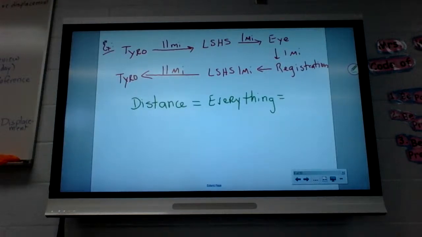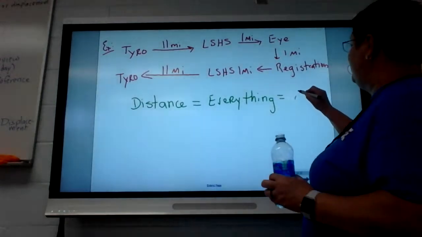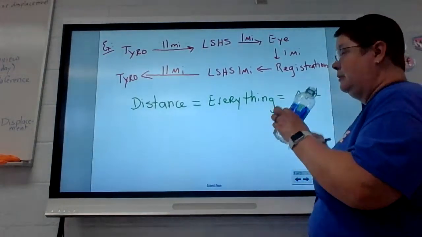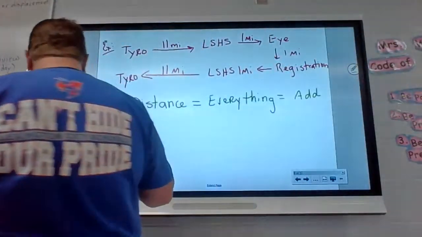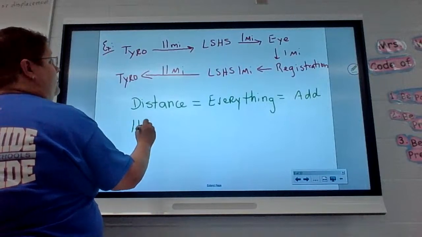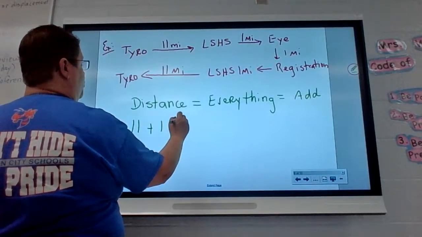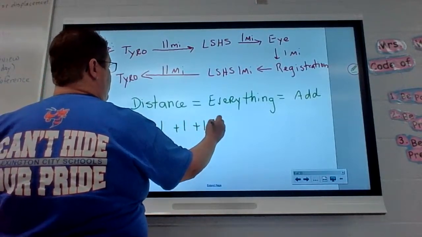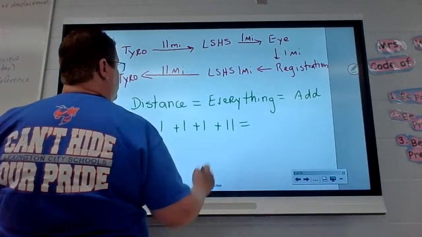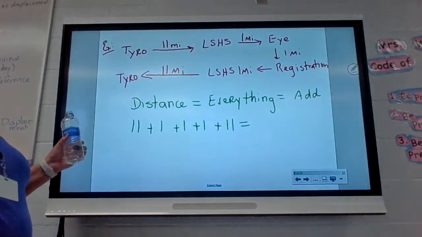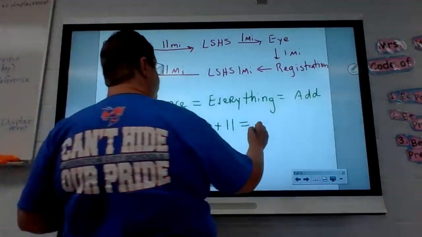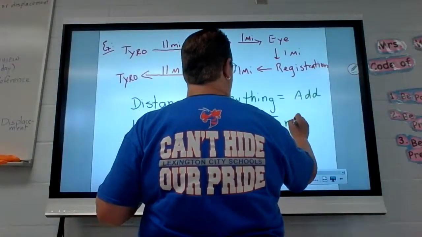Are we going to add, subtract, multiply, divide? Add. Okay? So to calculate my distance, I have to add. So we're going to say 11 plus 1 plus 1 plus 1 plus 11. So today I will drive how many miles? 25. 25 miles.